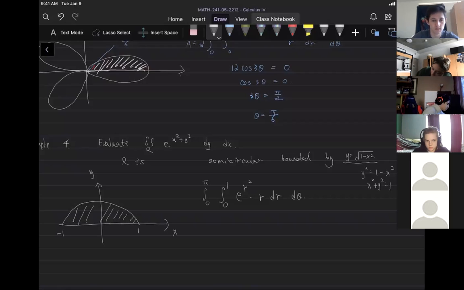So when we solve this, we can use u sub. Can you see? When you look at this one, there's no theta in the integrand, so that's going to be a number, a constant. The final answer is going to be pi, because pi is just the integral of d theta, times the integral of r e to the r squared dr, something like this.